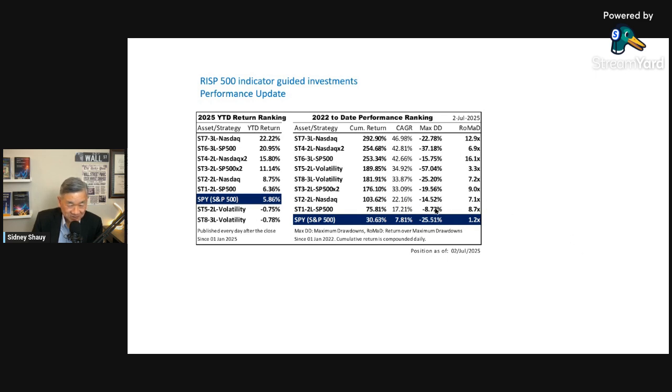Okay, just a quick recap of our performance so far. Strategy 6 and 7 are pretty much doing really well. The volatility strategies have been lagging behind a bit. We made a few adjustments last time, and hopefully it will work a little better.